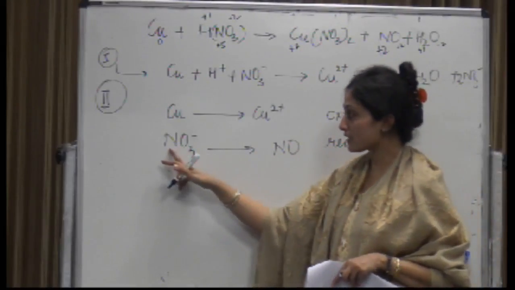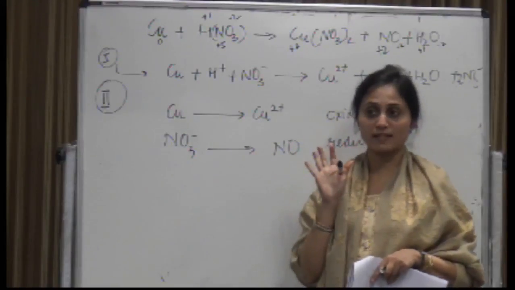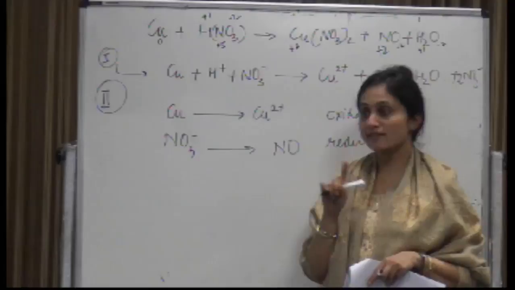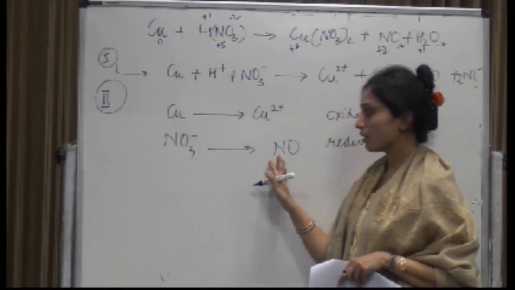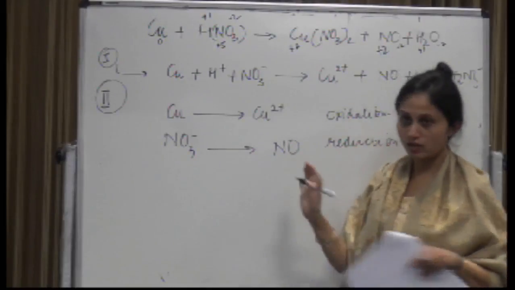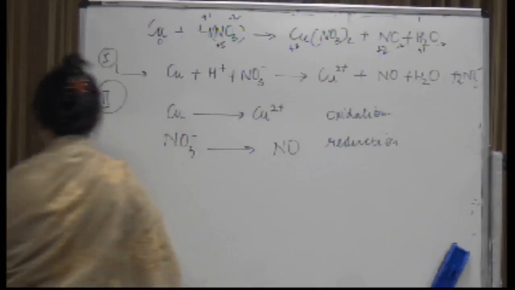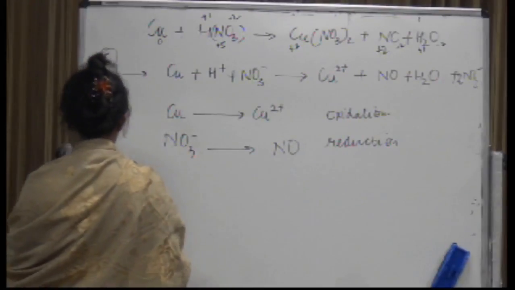Now here it is NO3. Now I will not be bothering about hydrogens and oxygens presently. I will just balance out the other atoms. So by chance nitrogen was 1 here and 1 here. So balanced, except hydrogens and oxygens we are balanced. So we have NO3 minus to NO.